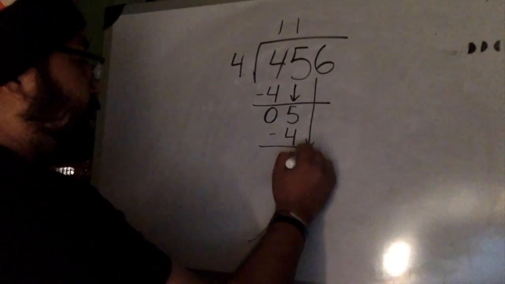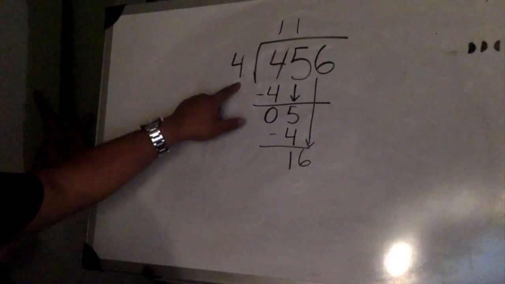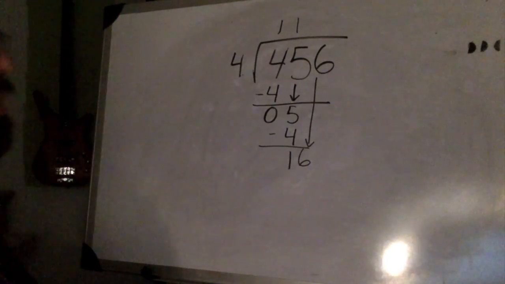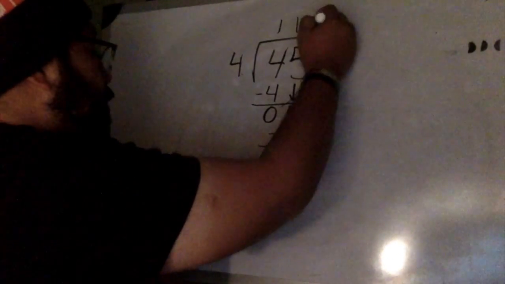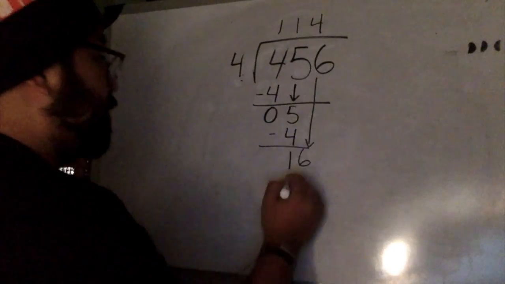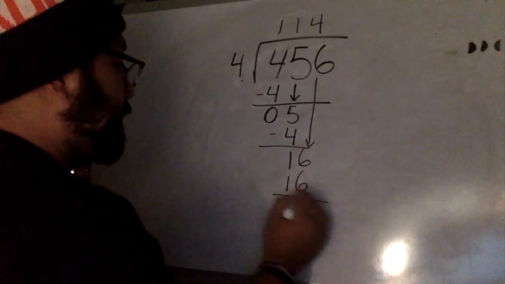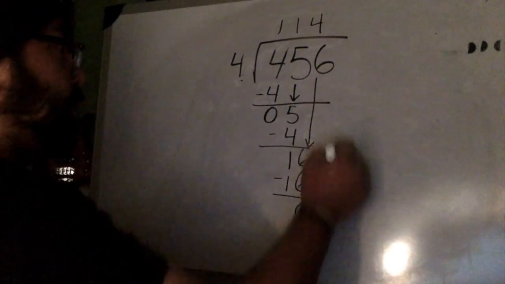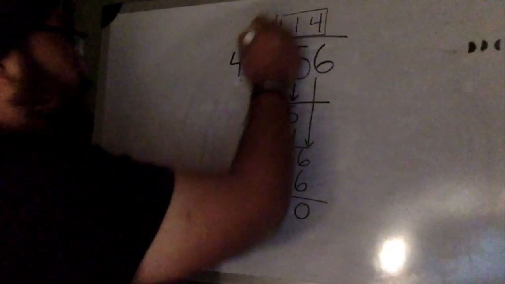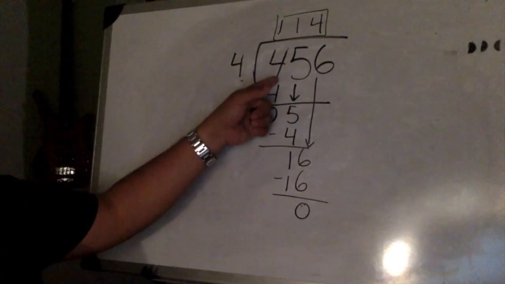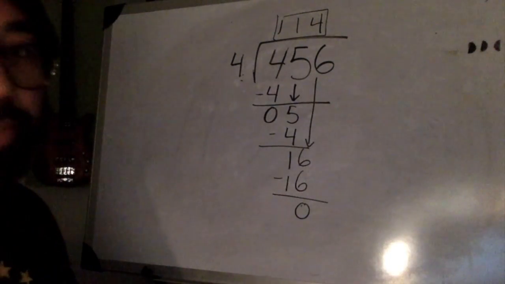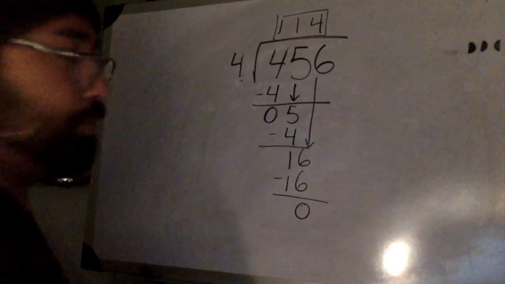Drop the 6. 4 goes into 16 how many times? 4. Because 4 times 4 equals 16. 16 minus 16 equals 0, and we have no more numbers to drop. We have 114 with no remainder. Therefore, 456 divided by 4 is 114. Nice job. Let's do another one, and then we'll do one where you are on your own.